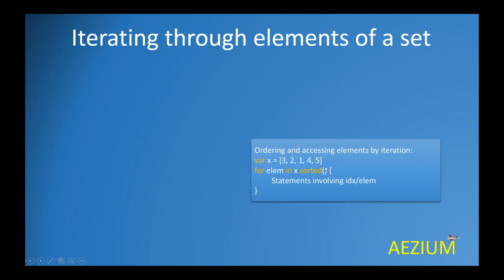That would return an array which contains the same elements as this set, but the elements are put in an ascending order, and those ordered elements are assigned to our temporary variable lm here, and like before, that variable can be used inside the body of the for loop.